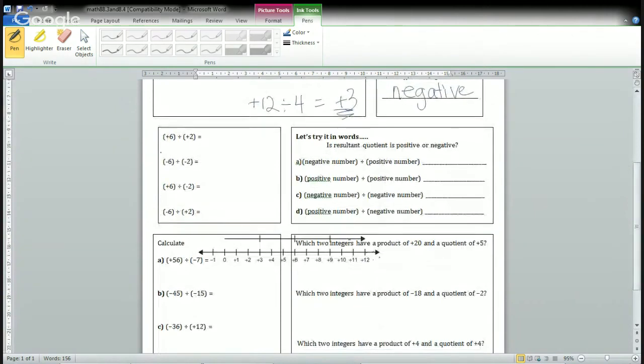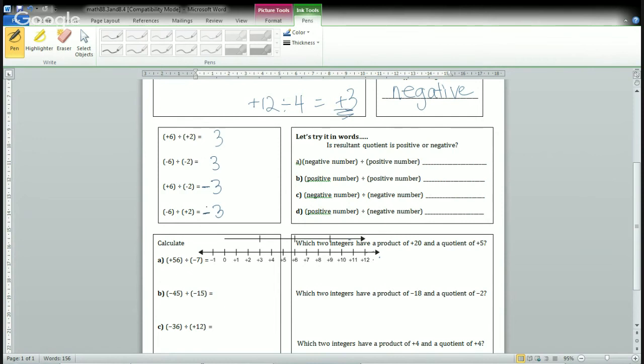So again, just to reiterate the point from last day, when you're solving these questions, 6 divided by 2 is 3. So all of these, then I can go think about the signs. Same sign, positive. Same sign, positive.